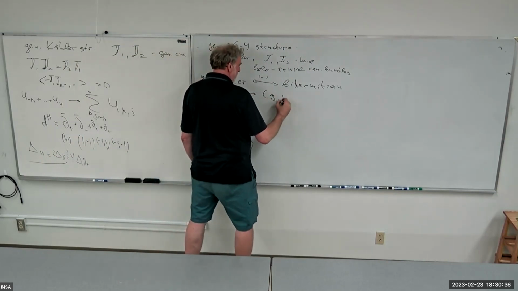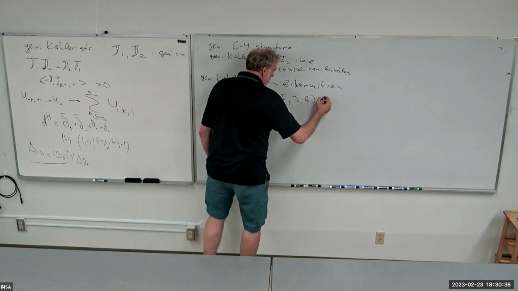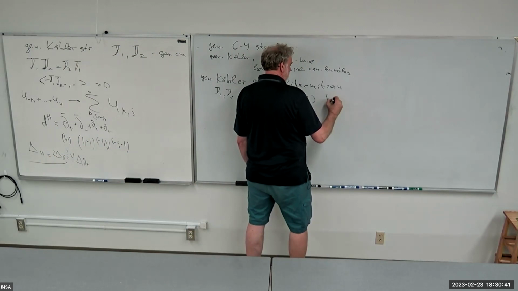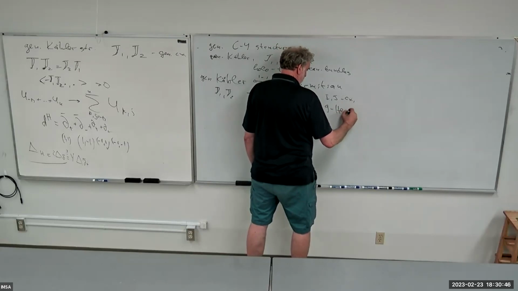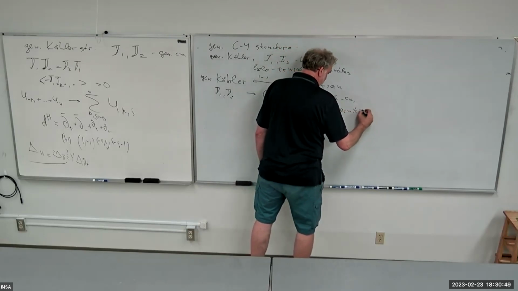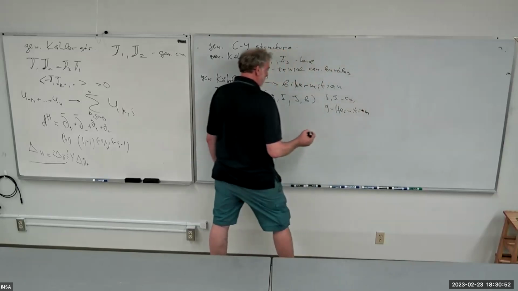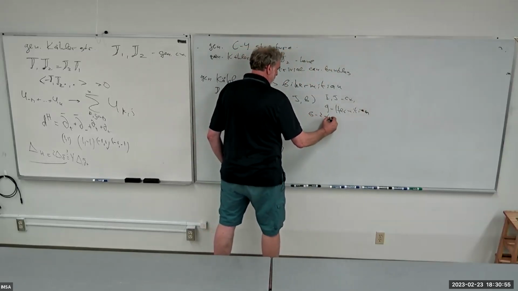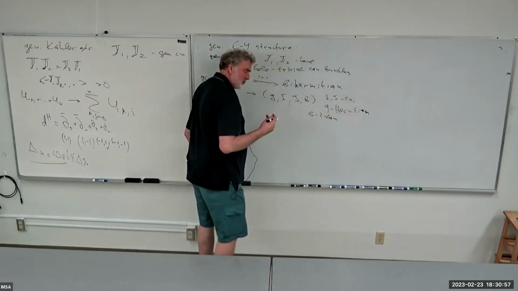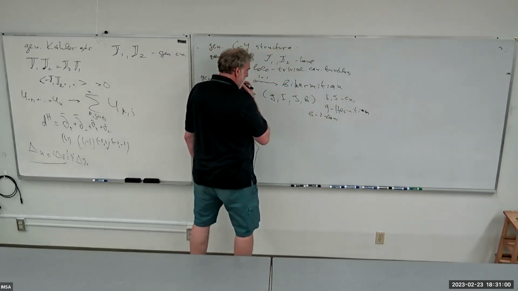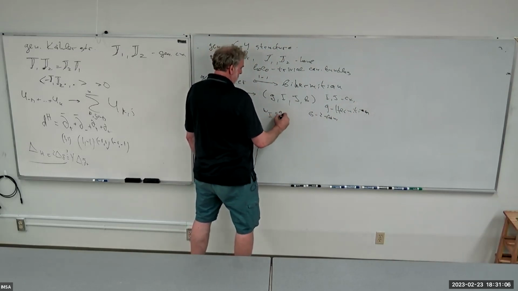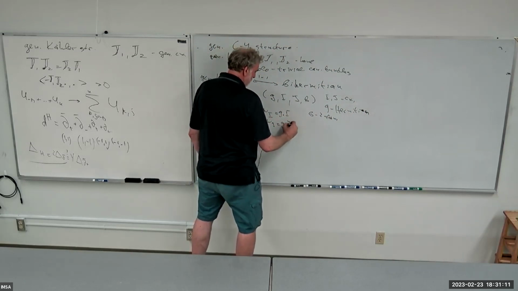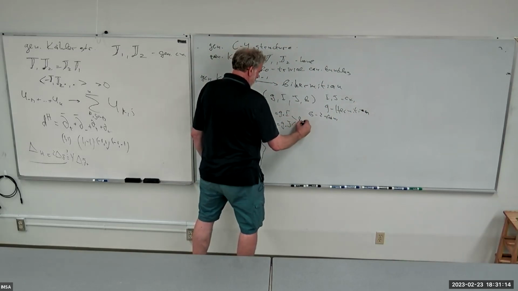The data, which is now written I, J, and B, where I and J are complex and Hermitian structures, and B is a two-form, which I'll explain how it shows up. We use omega I and omega J, which are the fundamental forms.